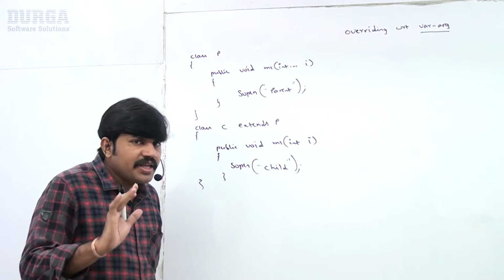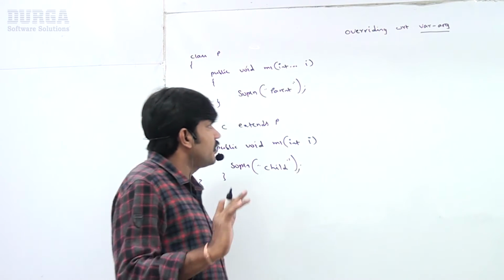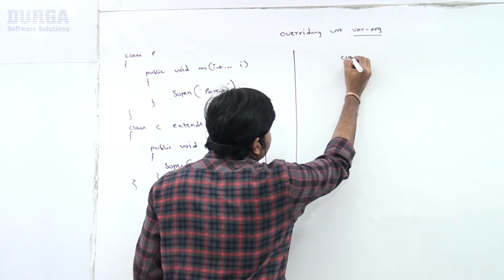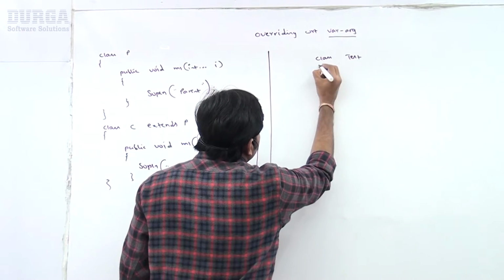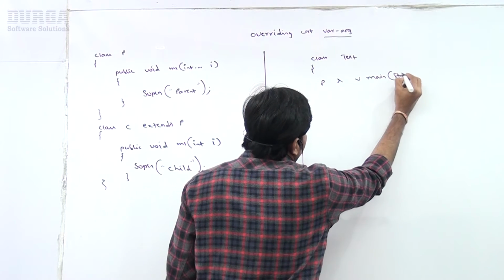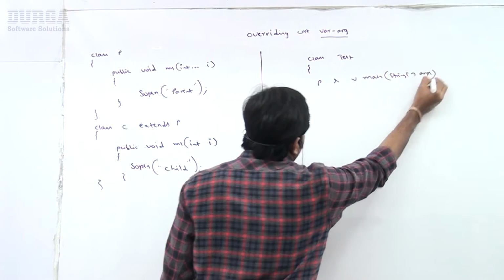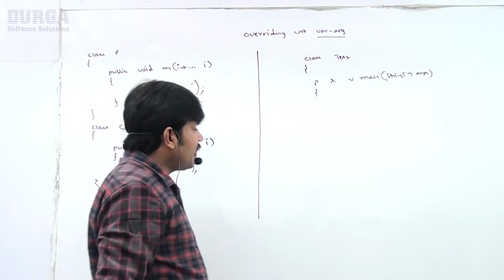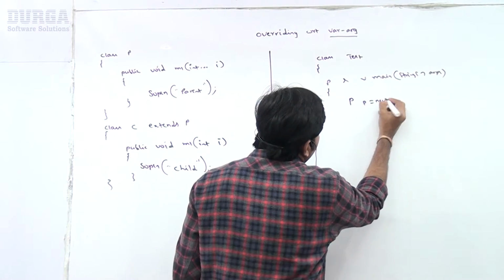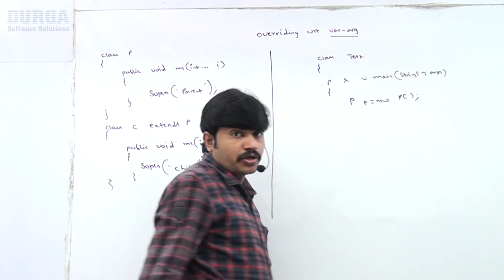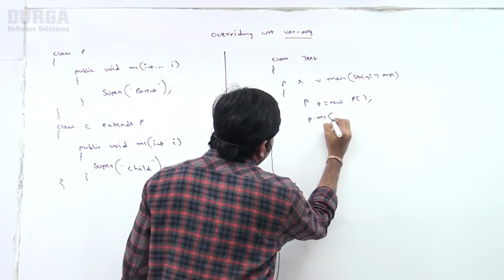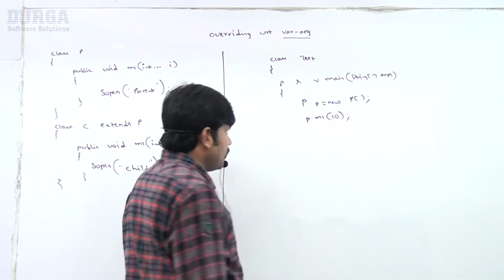Sir, now my requirement here is, observe carefully. I'm taking class Test, public static void main(String[] args). Here my target is: Parent p = new Parent(); parent reference, parent object, p.m1(10) by passing 10 as the argument.